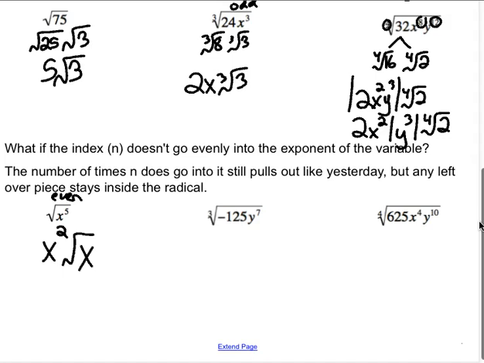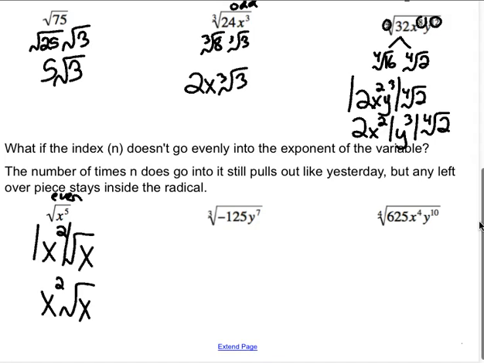Okay, so you see how many times can you put it in completely, how many times can I put it in nicely? The leftovers have to stay inside the radical. Okay, so of course it's even, so anything I pulled out, I need to slap the absolute value on. However, x squared, if you're squaring something, taking it to an even power, it'll never be negative anyway. So you can actually end up removing the absolute value, and you want to leave it looking just like that.